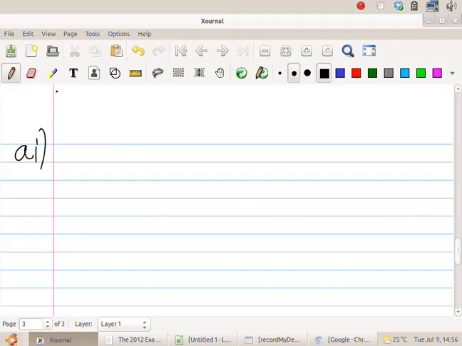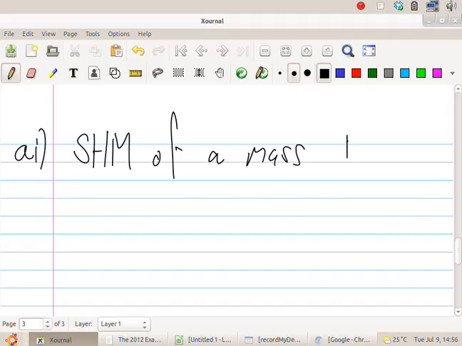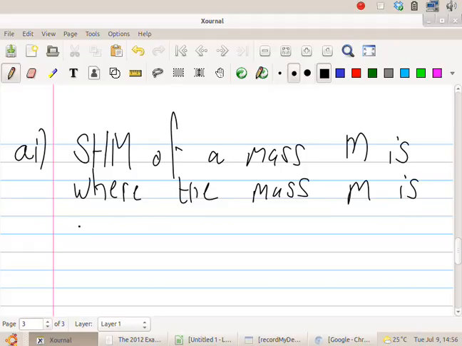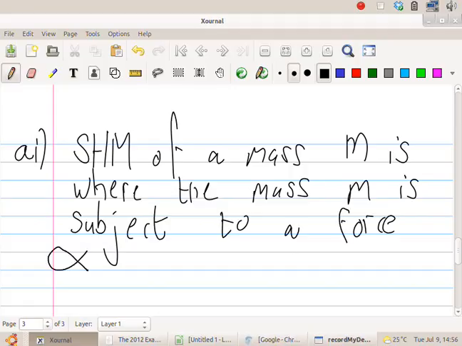Yeah, there are many ways to think about it, but the simplest way to define simple harmonic motion of a mass m is where the mass m is subject to a force proportional to its displacement, its distance.